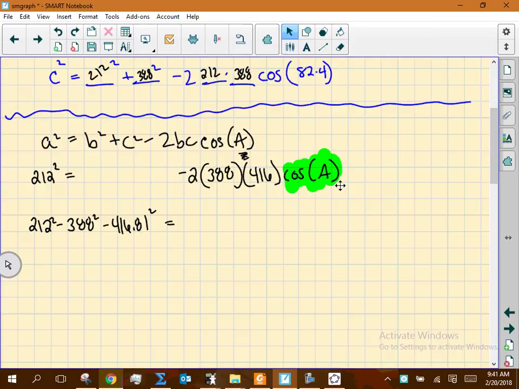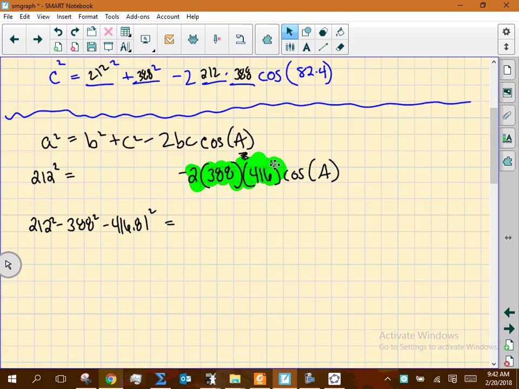Now, what would you call this number out in front here, this product, for cosine of A? What would you call that number? It starts with C, ends with coefficient. Okay. So if I've got a coefficient out here, now it's written as an implied product.